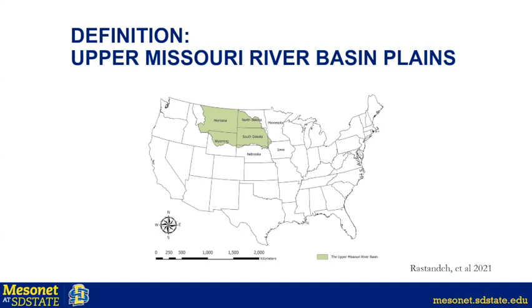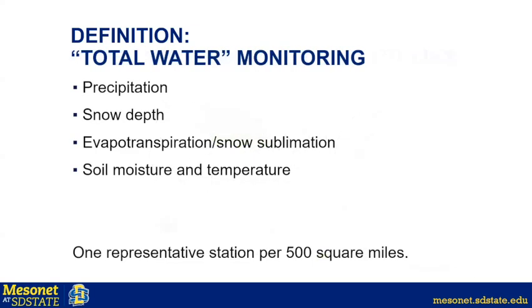That's basically this green area here minus the portion that's over 5,500 feet. So that's everything upstream of Sioux City, Iowa, that is below 5,500 feet and is not in Canada. There are a couple thousand square miles in Canada, but most of that's above the elevation anyway.